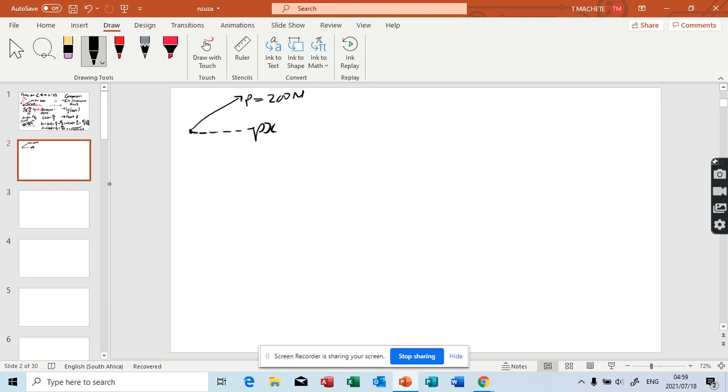So this is your Px, is your Py, all going out. To find these values, like we said, you're going to use SOHCAHTOA. Sine 30 degrees equals opposite, which is your Py, over P, which is 200.